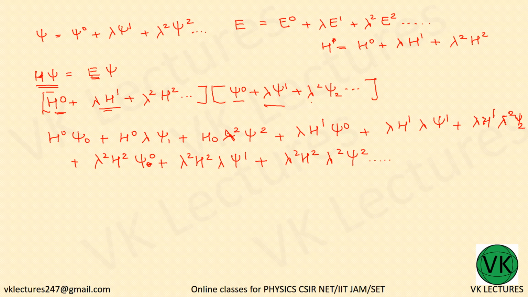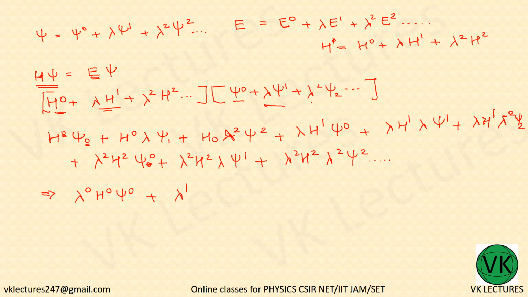Now here the unperturbed state can only have commutation with the term corresponding to that particular order. So we can write lambda naught H naught psi naught plus lambda 1.